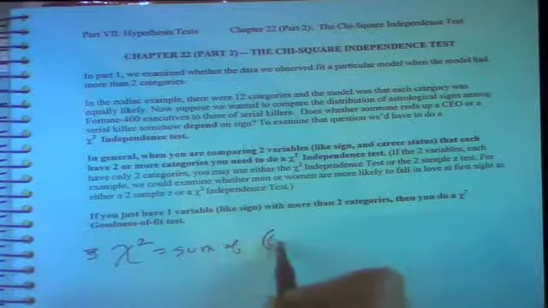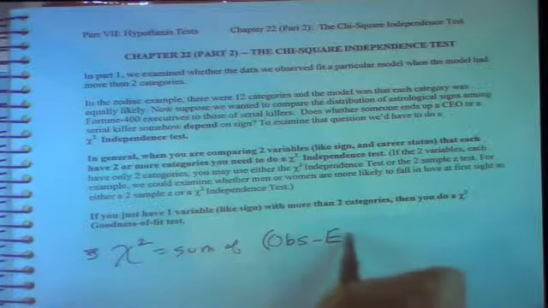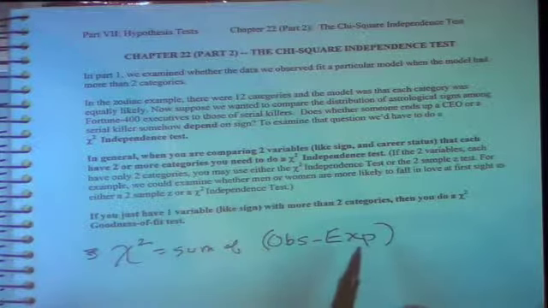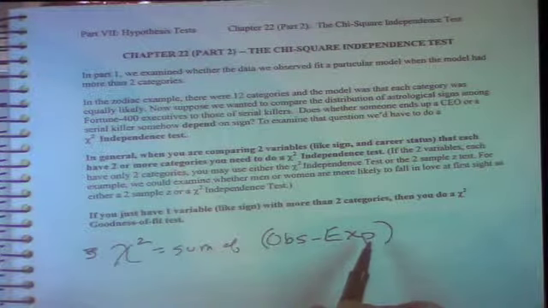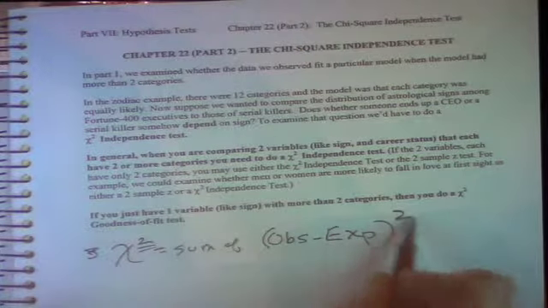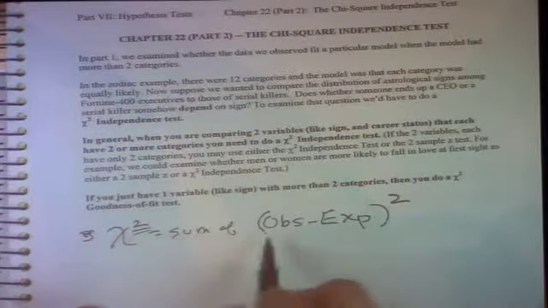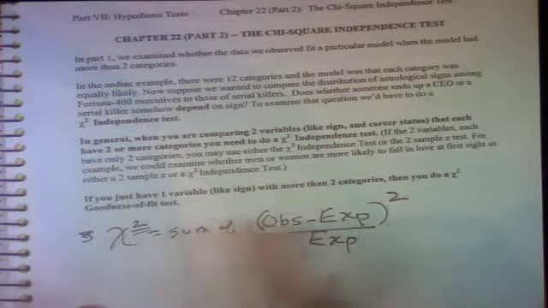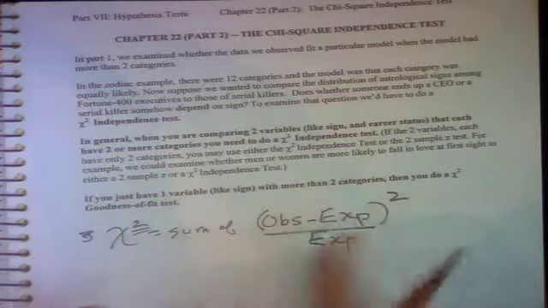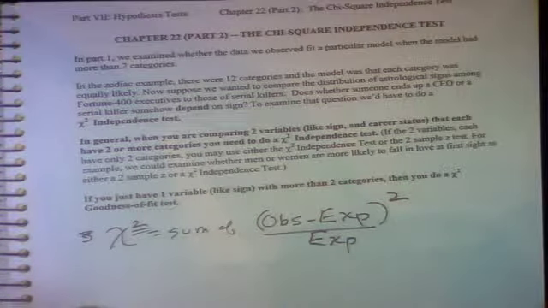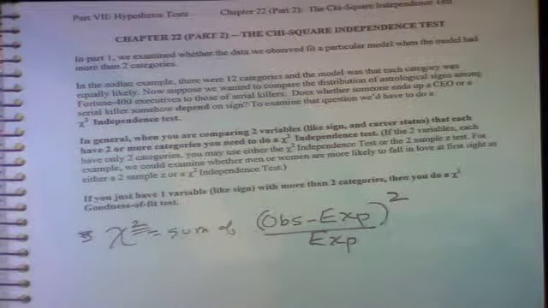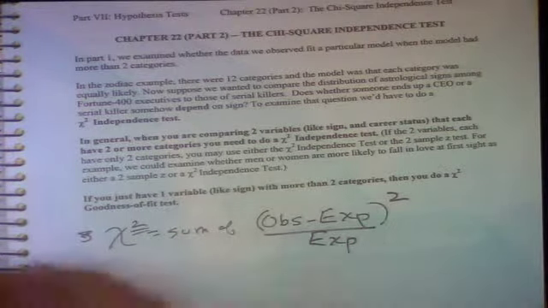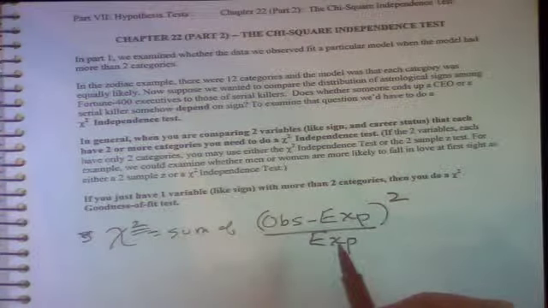It was the observed minus the expected under the null, what you observe compared to what you'd expect, squared, divided by the expected, that kind of normalizes it, and it's the sum of that. The sum of the observed minus the expected over the expected. And it's a series of curves depending on the degrees of freedom. That's what we did last time, and it was called the chi-square goodness of fit test.